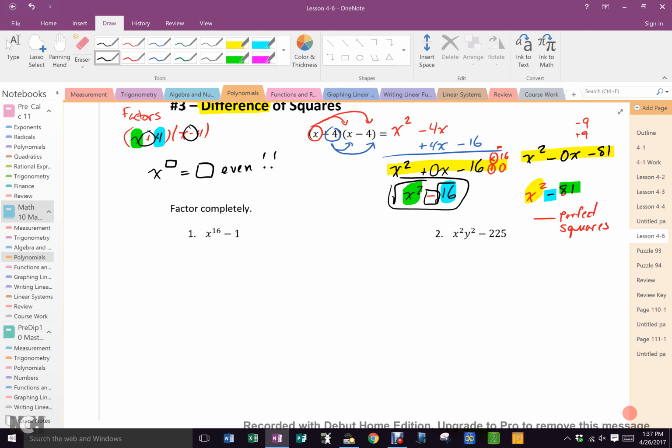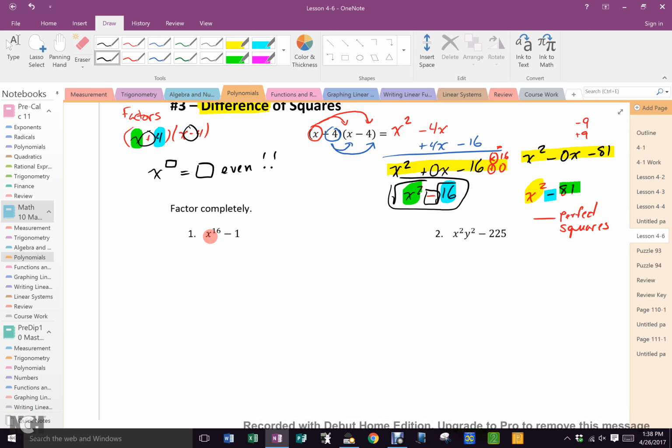Yes, so I make it through the second check, don't I? Third check. Is 1 a perfect square? Does 1 have a square root? 1, because 1 times 1 is 1, right? So is this a difference of squares? Yes, which means I can follow my rules. I take the square root of the first one. What's the square root of x to the 16th?